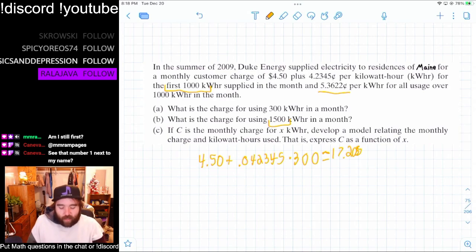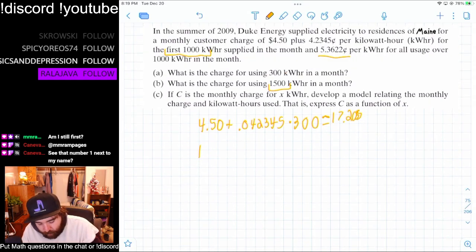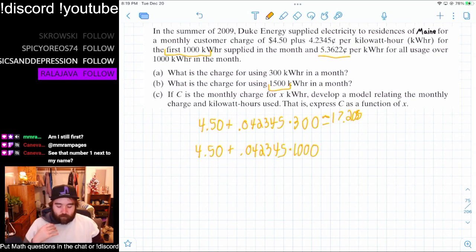So for the first 1,000 kilowatt hours, they're still doing the same rate. So to do this math, we're going to do the initial charge, 4.50, plus the same price for the first 1,000 that they use. But then we have to add on the rest of them. So what's the rest of them?